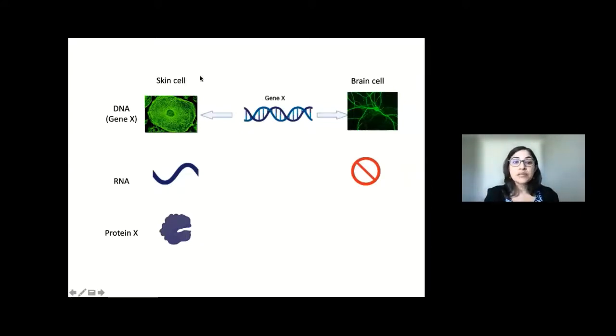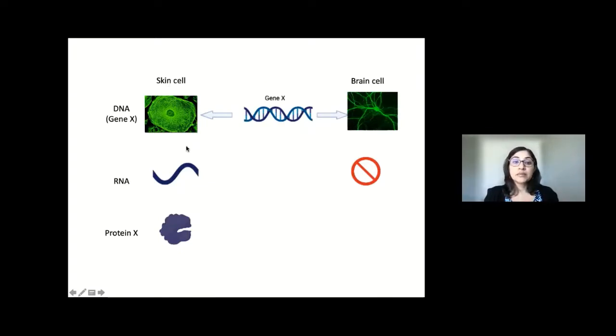So this happens, you can take an example of, let's say there is gene X, which is required for skin cell development. So we want this gene to make its product, that's the protein, only in the skin cell, but not in the brain cell.